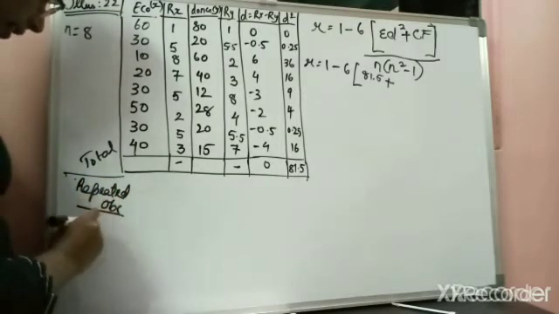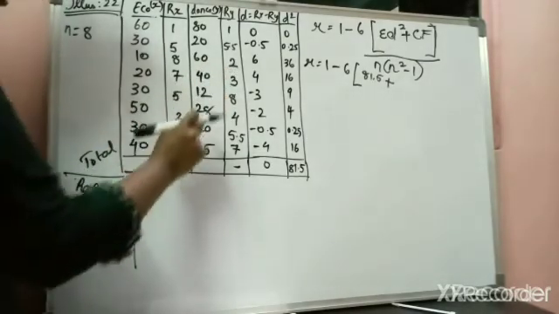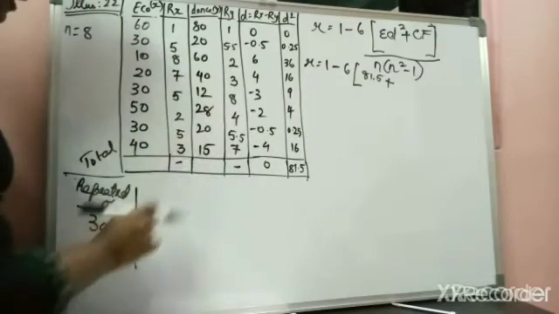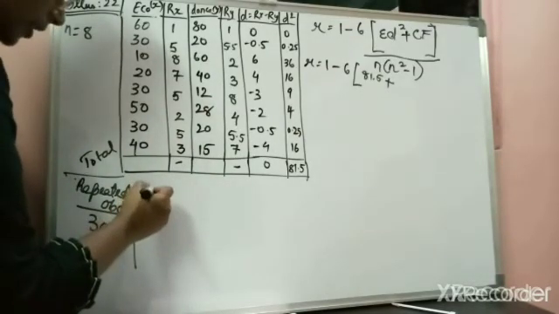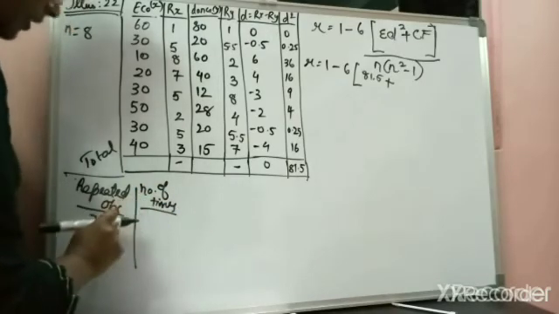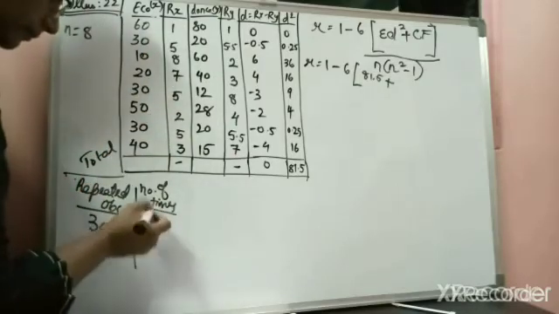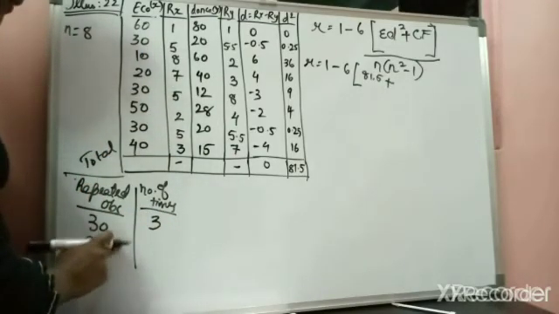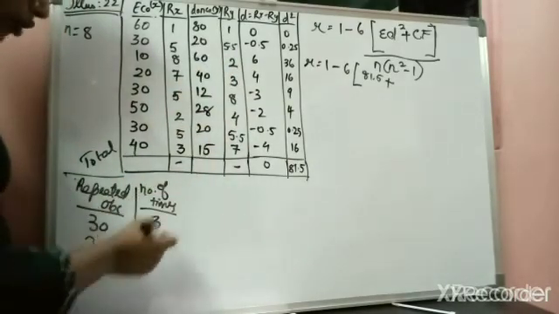So 30 has been repeated. Then in the y variable, number 20 has been repeated twice. Let's keep here 20. Okay, now number of times repeated. You have to write the number of times repeated. So 30 has been repeated how many times? 1, 2, 3. 3. 20 has been repeated over here. 1, 2. So here you have to write number 2.